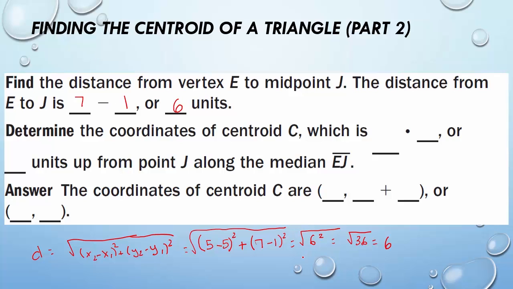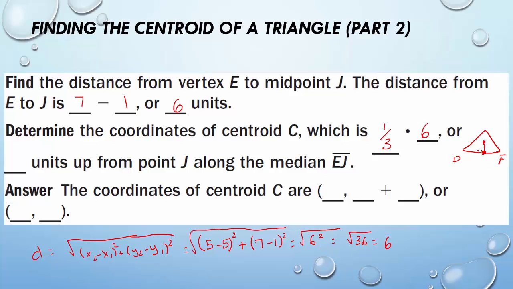And then it says determine the coordinates of centroid C, which is 1/3 of 6, because if you look at the triangle over here, now I'm going to quickly draw it. We're going from the midpoint of the line segment DF.